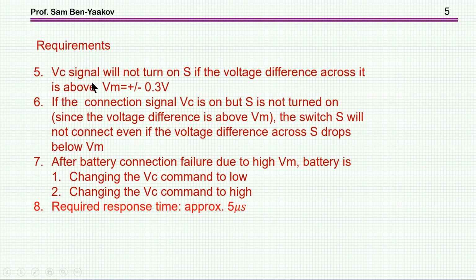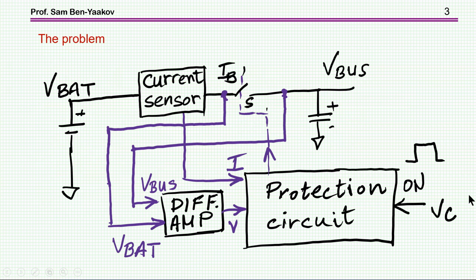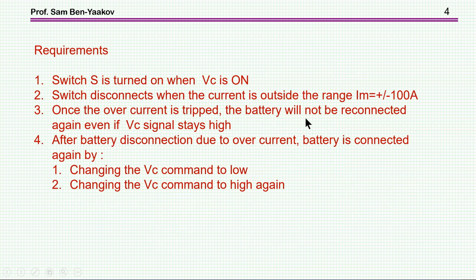And then VC will not turn on S, this is the switch, if the voltage difference across it is above some voltage. Here I put 0.3 volt, which is kind of reasonable. Now, if the connection signal is on but S is not turned on because the difference is too high, the battery will not be reconnected again, even if the VC signal stays high.